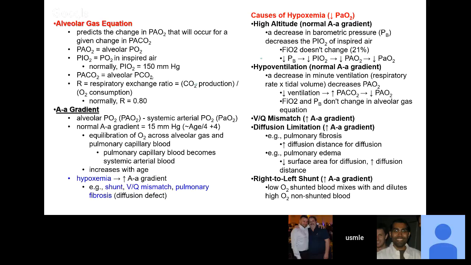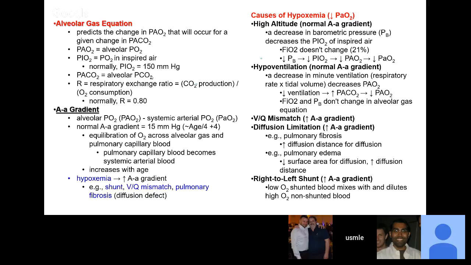If you don't have much circulation, it means you have less oxygen. The more circulation you have, the more oxygen is going to be brought. So in the alveoli the air is not going to change, but the gradient is going to increase with the mismatch.